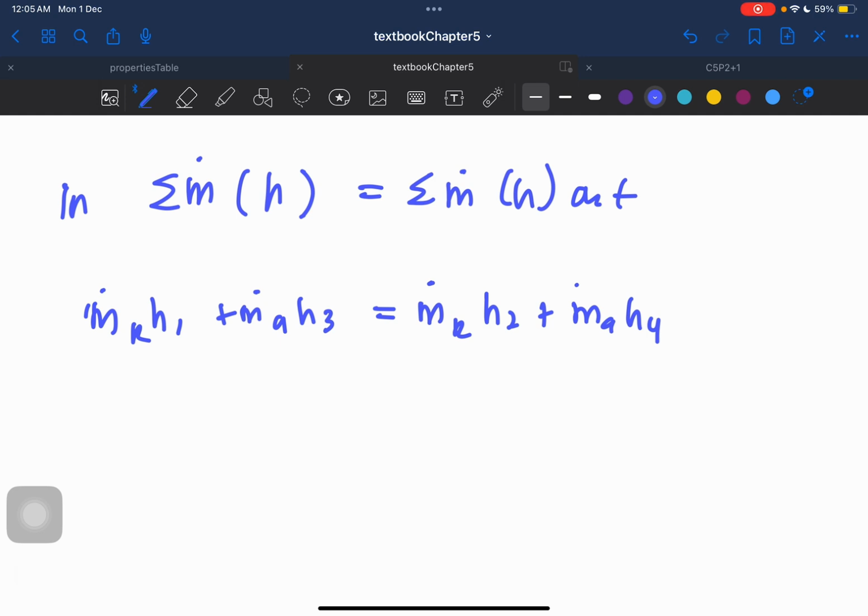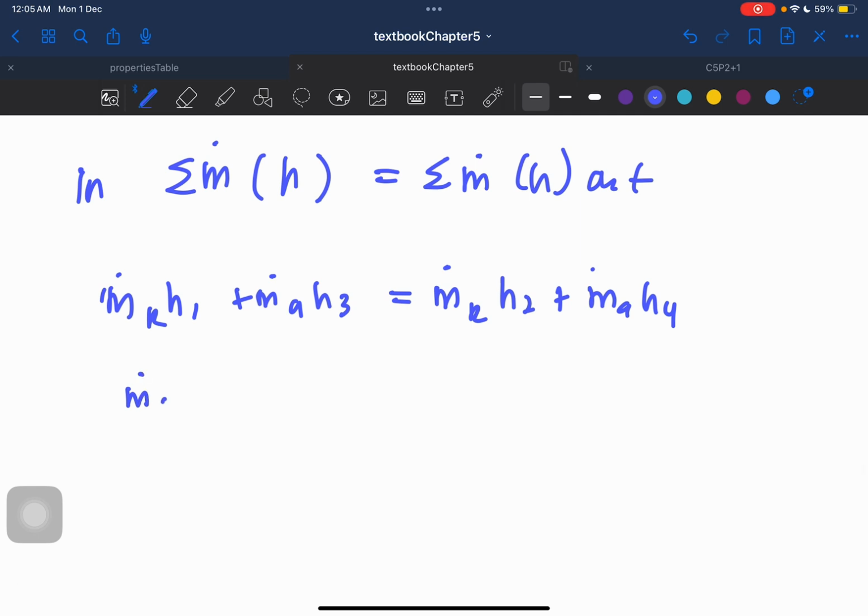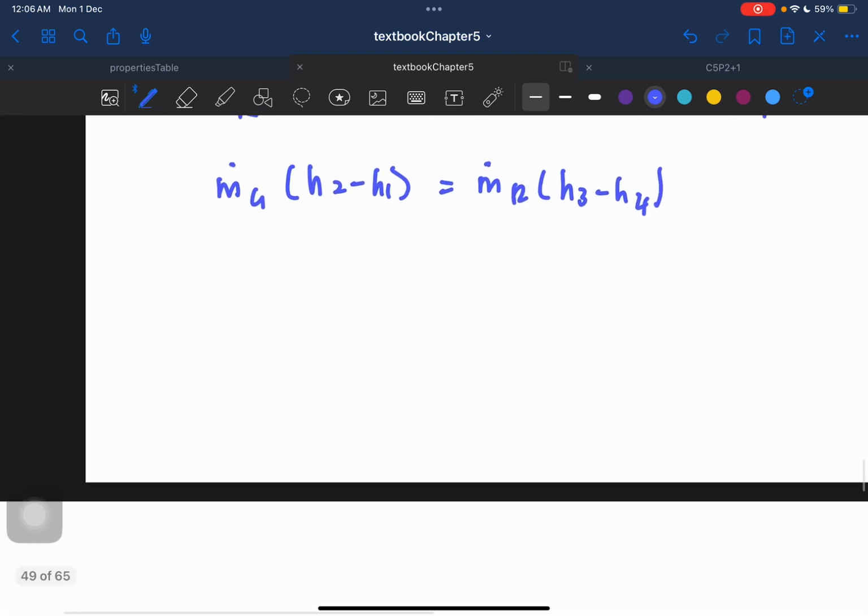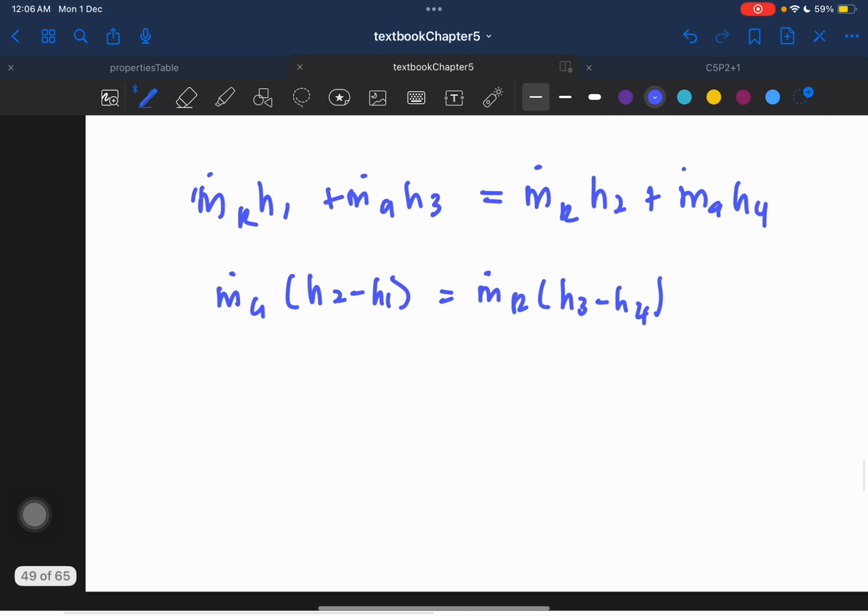We can see m dot A (H1 minus H2), m dot R (H3 minus H4). Yes, now we can solve for m dot R because that is what they are asking of us. Let's simplify first, H2 minus H1.